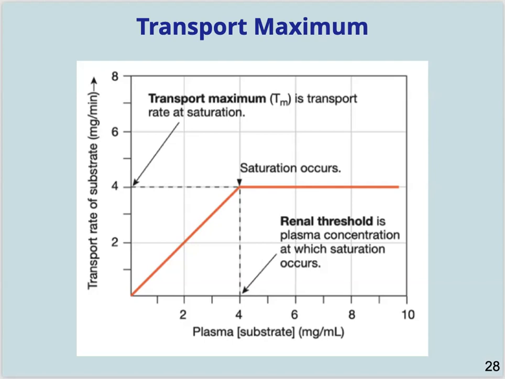And this explains why patients with severe hyperglycemia, perhaps undiagnosed diabetes mellitus, can be found to have glycosuria, or glucose in their urine.